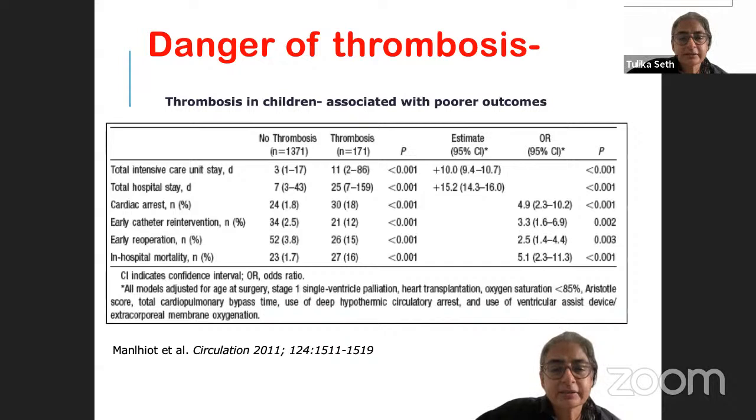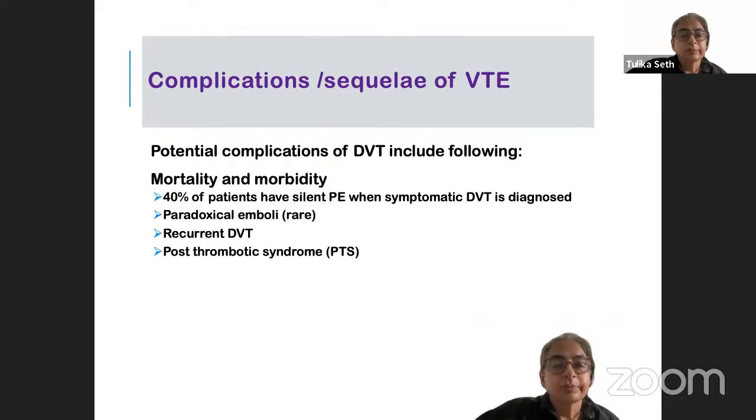So why is thrombosis dangerous? Well, thrombosis can lead to higher mortality risk as well as the morbidity. And the morbidity can be both acute as well as chronic. And patients can have post-thrombotic syndrome due to this problem. So, as I said, they can have different problems.